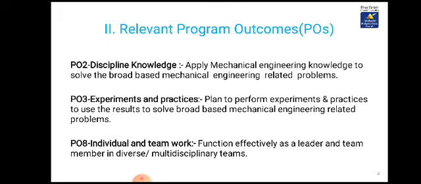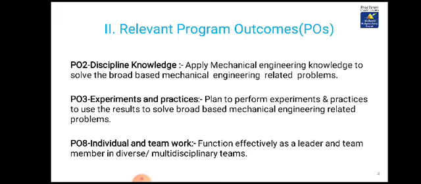Relevant program outcomes are PO2 discipline knowledge, apply mechanical engineering knowledge to solve broad based mechanical engineering related problems. PO3 experiments and practices, plan to perform experiments and practices to use the results to solve broad based mechanical engineering related problems.